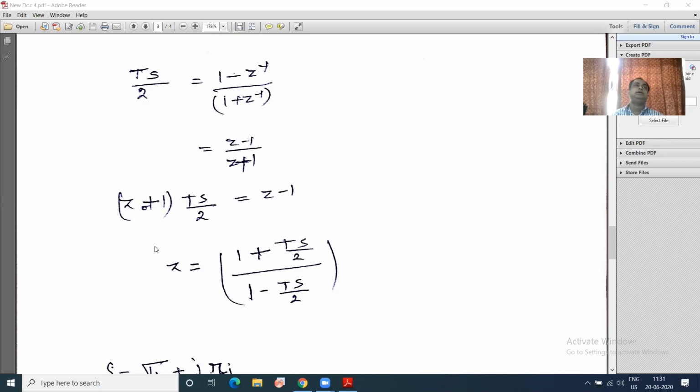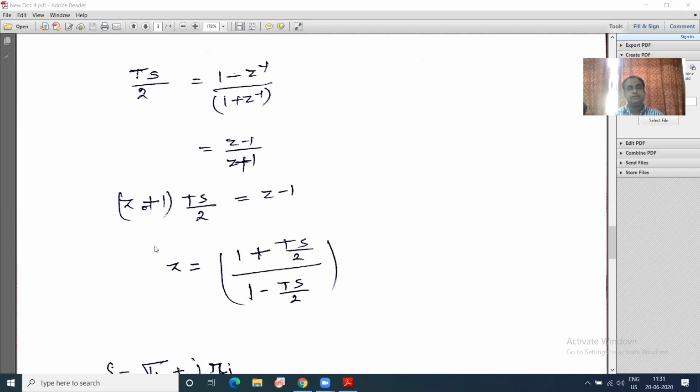I am converting an S function into a Z function, meaning an analog system into a digital system transfer function. Therefore, a transformation will be valid and usable for me if the left half plane poles, that means a stable analog system, are converted into a stable digital system, which means the left half plane poles should be mapped in such a way that the poles lie inside the unit circle of the digital system. This is the requirement. Agreed? Then only this transformation will be useful for me. Otherwise, this transformation has no use for me.